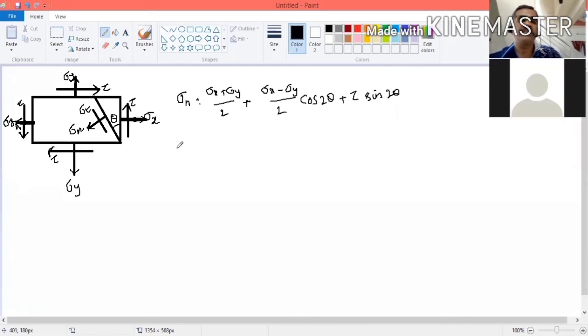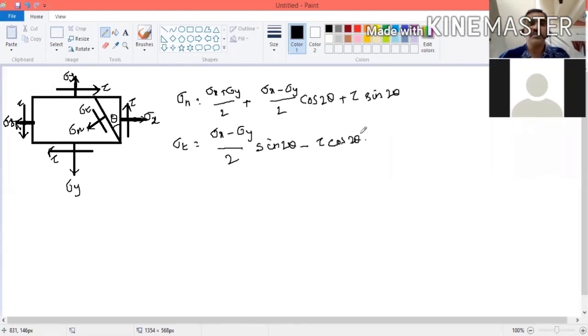This is the equation. To find the value of sigma t: sigma t is equal to sigma x minus sigma y by 2 sin 2 theta minus tau into cos 2 theta. So this is the expression.